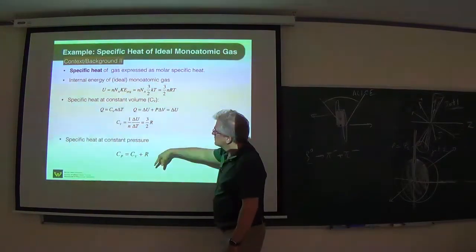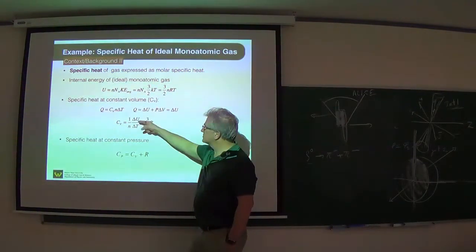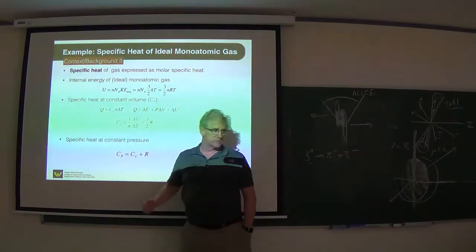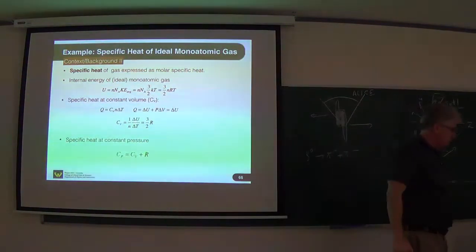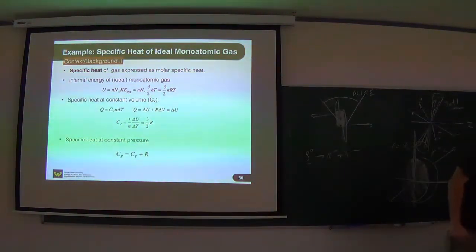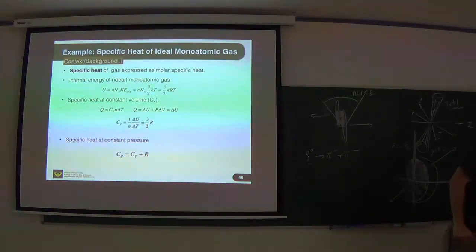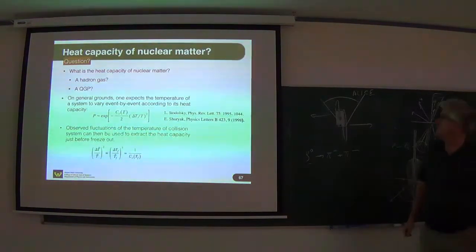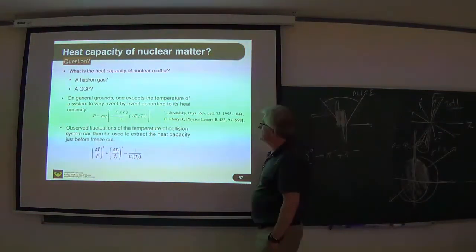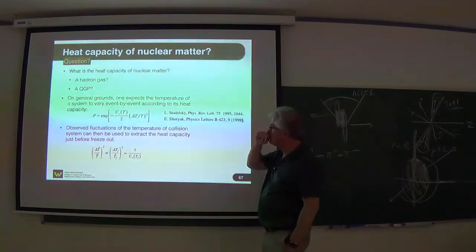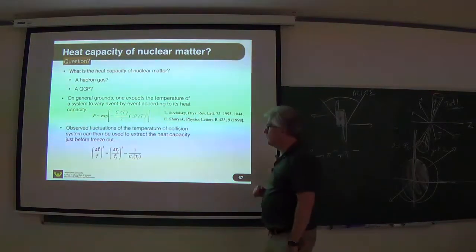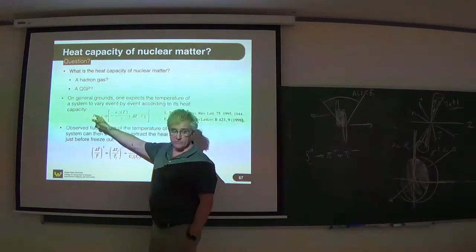And so you can do it at constant volume, constant pressure, but the idea is the same. You have a relation between the heat and the amount of matter and the temperature in the system. So there were then predictions that there would be fluctuations that would be determined by this kind of quantity.